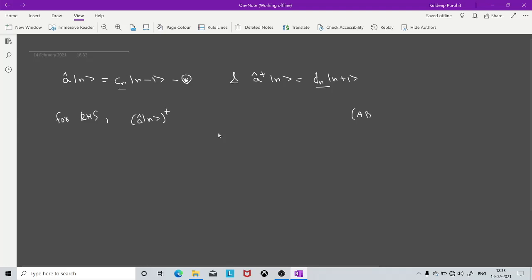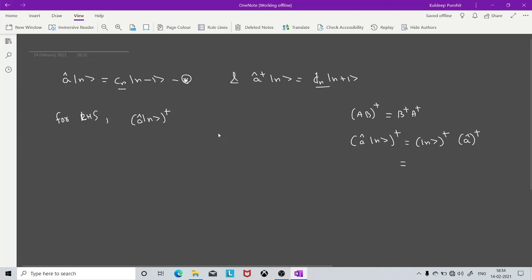Suppose you have two matrices A and B, then you generally write the conjugate of AB as B dagger into A dagger. Similarly in quantum mechanics, you have this A operator, which is nothing but a matrix. Ket n is also a matrix. So this can be written as ket n dagger into A dagger.